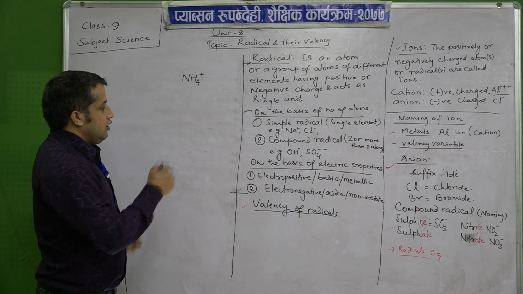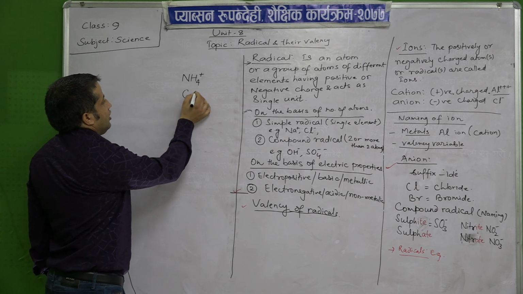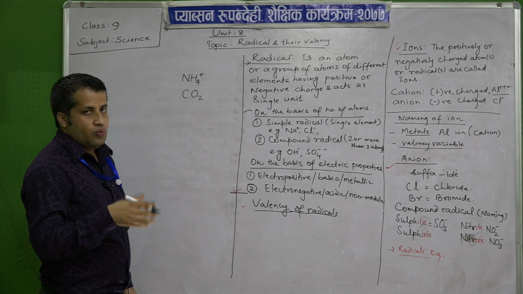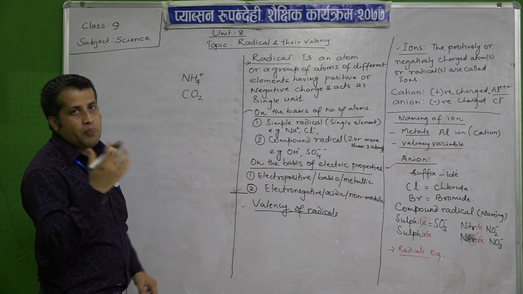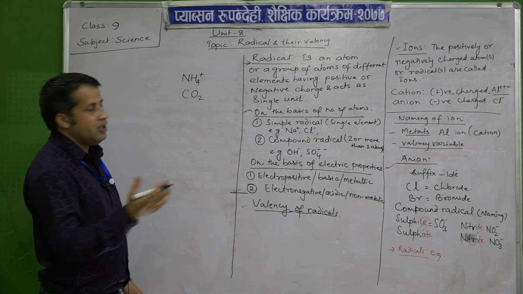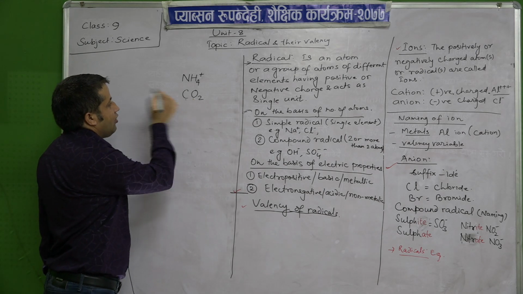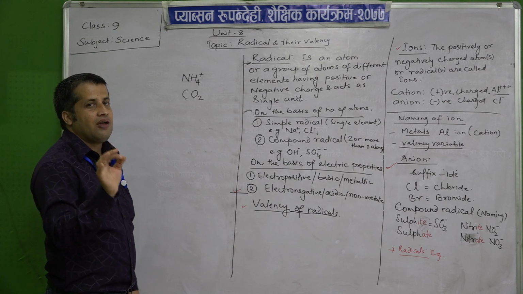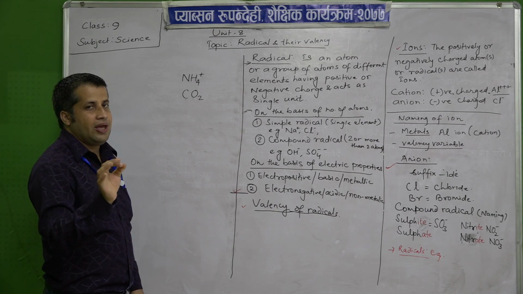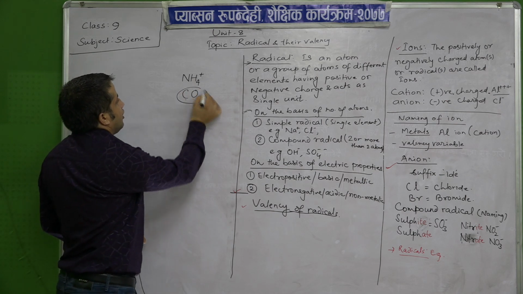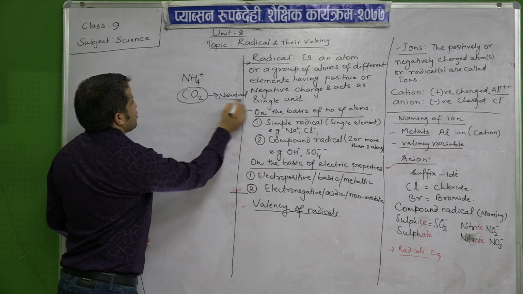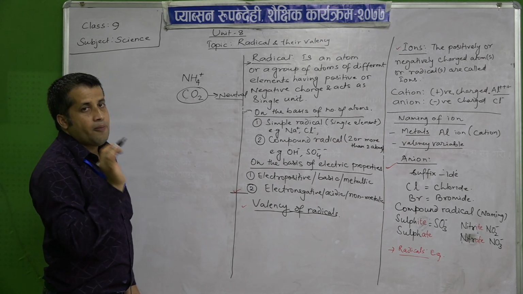But in the case of CO2, this is a compound. There also we have combined two different elements, carbon and oxygen, but in this case they do not have any charge on them. They are neutral. So what is it? A compound.